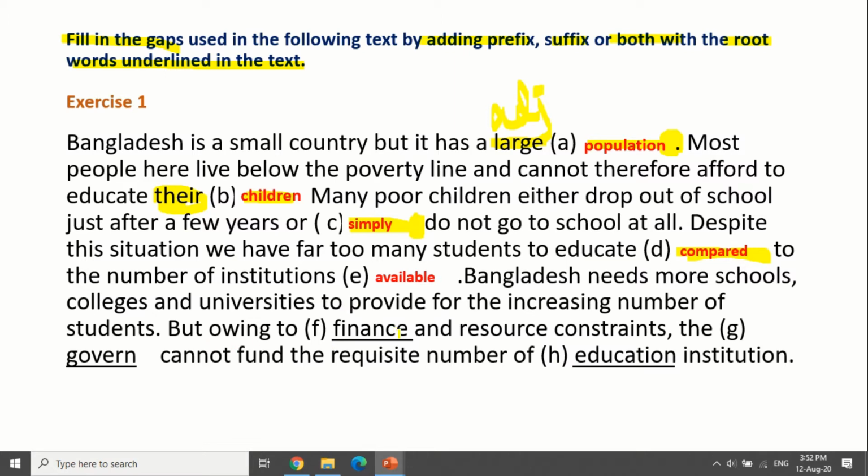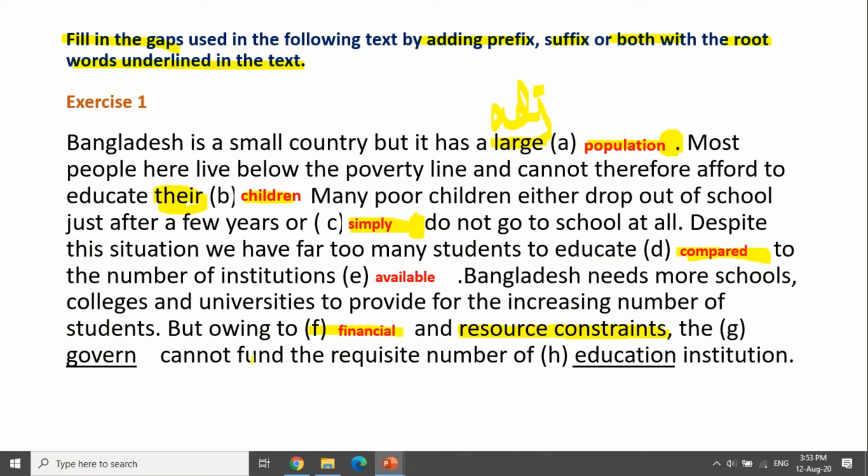But owing to finance and resource constraint, that means this is a noun. Constraint is a noun, and before this we need an adjective, right? See, resource constraint, this is altogether a noun phrase, and we need an adjective, right? So finance will become financial.